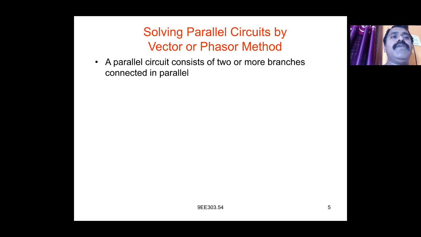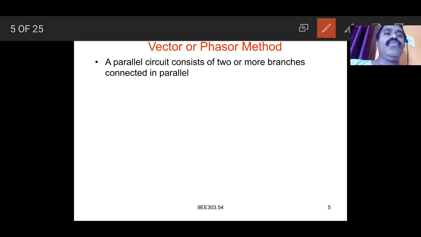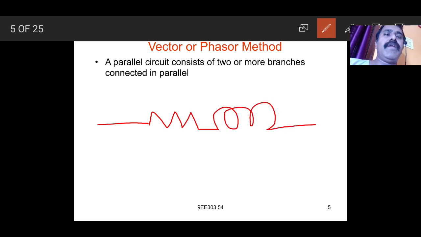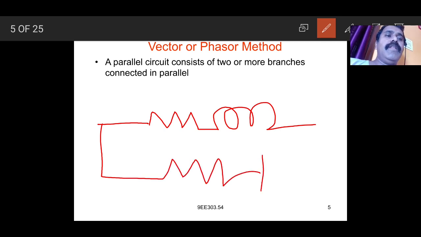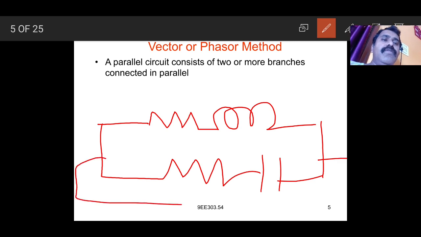Solving parallel circuits by vector or phasor methods: a parallel circuit consists of two or more branches connected in parallel. Let us consider the resistance and the inductance in one branch, connected in parallel with the resistance and the capacitance in another branch, together connected to the voltage source.